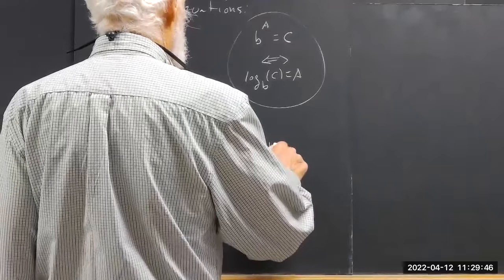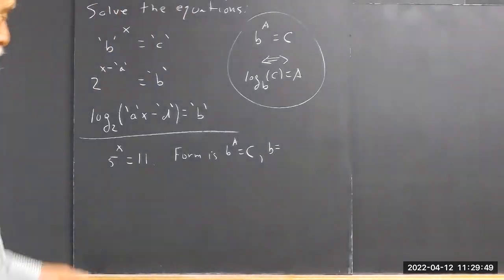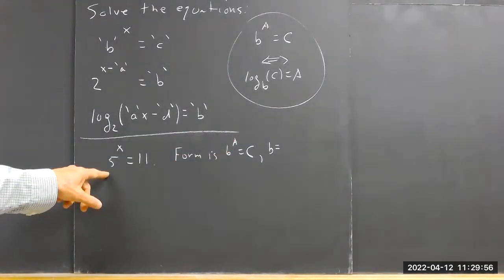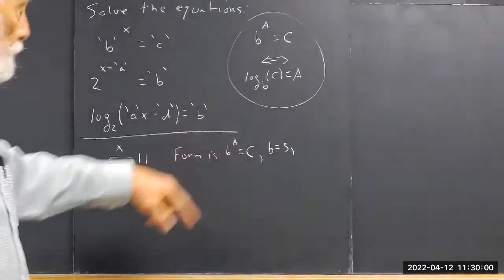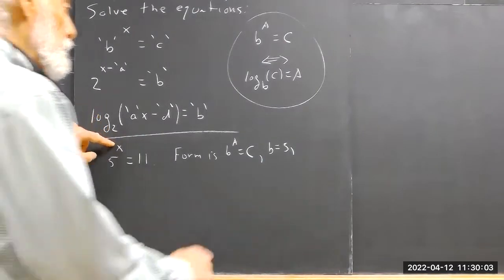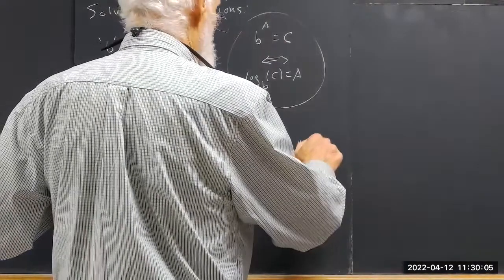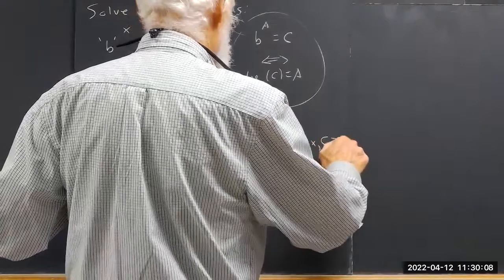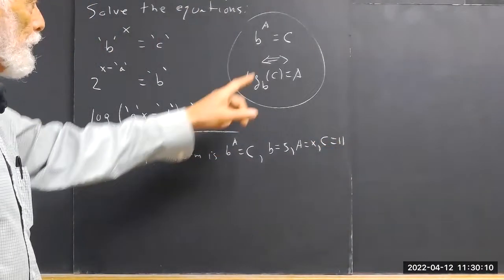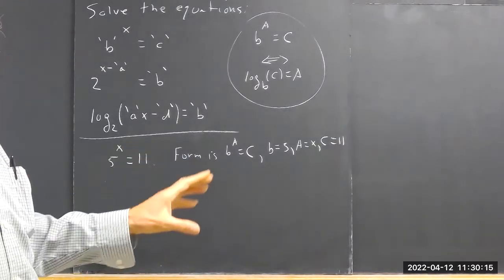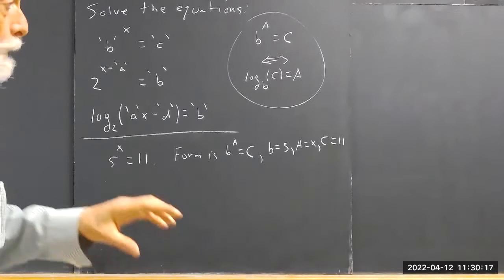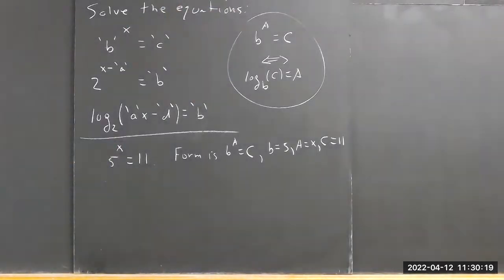B is the thing that's raised to the power. B is the base of your exponential expression here. It's 5. A is the exponent, and the exponent here is x. And C is what's on the other side of the equal sign, and that's 11. So it's easy to identify A, B, and C if your equation is in this form.